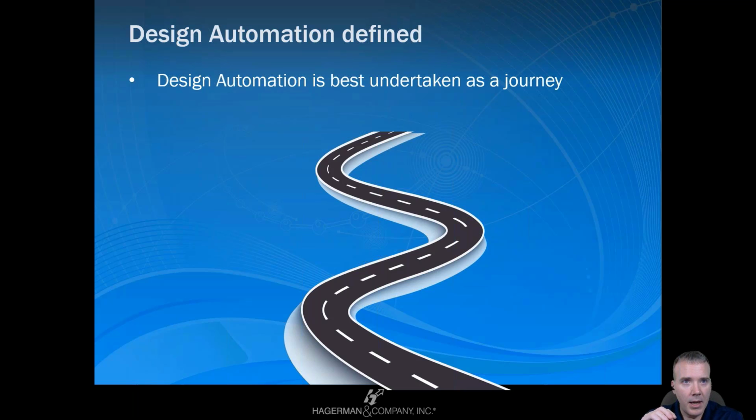If you're looking at starting a design automation project, don't think you have to do it all at once, and don't think you have to put a few people on a project for 6 months or a year, and then they come back and provide you a solution. It's done best when you start small, in my mind, and use each part of the process to build ROI. So you can start, for example, by automating parametric models with Inventor.